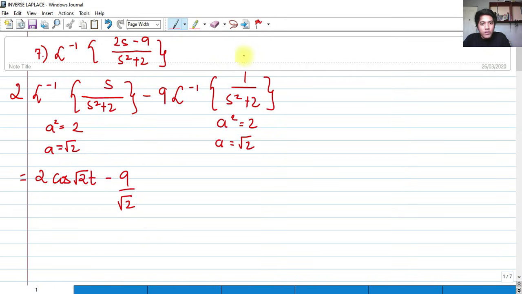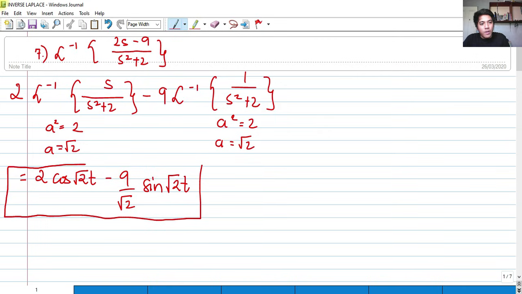And then we have square root of 2 in the numerator. Okay, again. So we multiply and divide by square root of 2 over square root of 2. So we have sine of square root of 2t. So that should be our answer for this problem. Pretty easy, right? If you know the formulas.